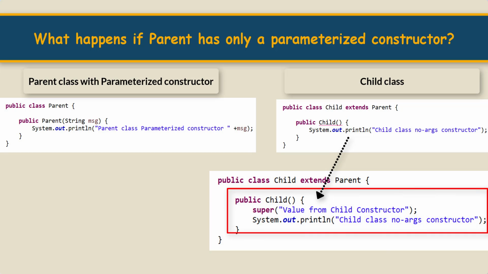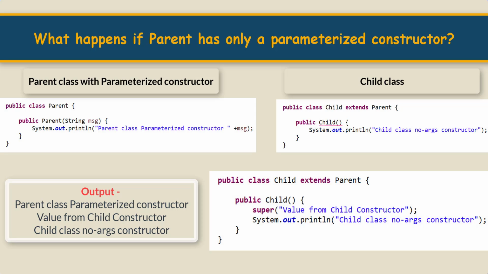You have to write super in brackets, and provide a string value because the parameterized constructor in the parent class is expecting a string parameter. When we run this program, we will get the parent constructor and the value of that parameter passed from the child class constructor. After that, the statement after super in the child constructor will be executed, so we will get child no argument constructor.